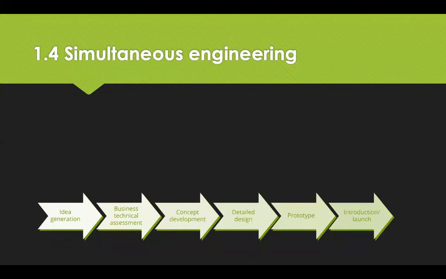The stages are often separated by gateways at each stage that must be completed before the next one starts. In concurrent or simultaneous development or engineering, the time allocated to each activity or stage is compressed. So activities can overlap or be performed at the same time.